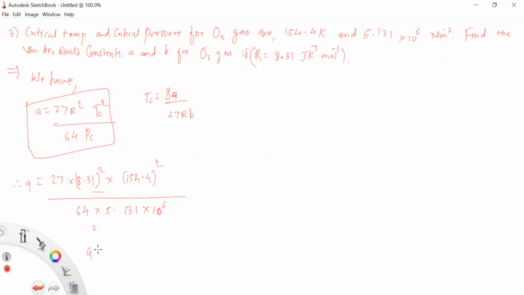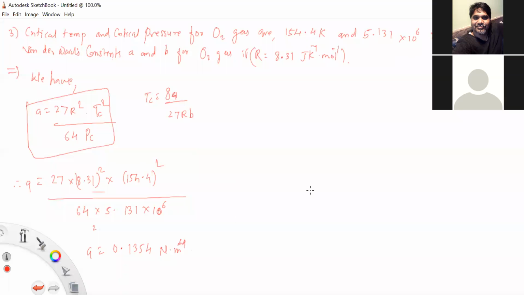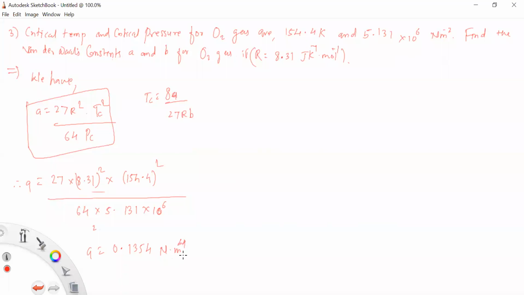So when you calculate this, the value comes to 0.1354 Newton meter raised to power 4 per mole, that is mole raised to power -2. So this is the value for the van der Waals constant.